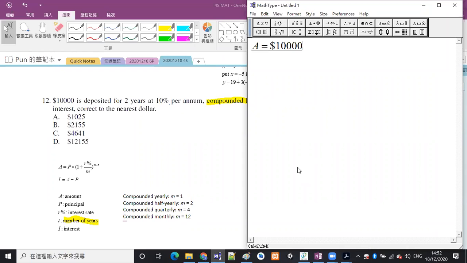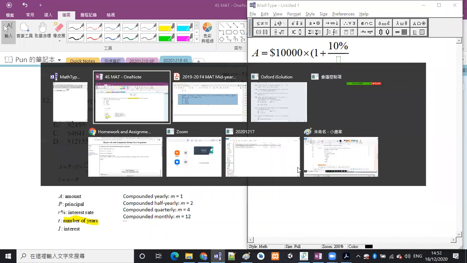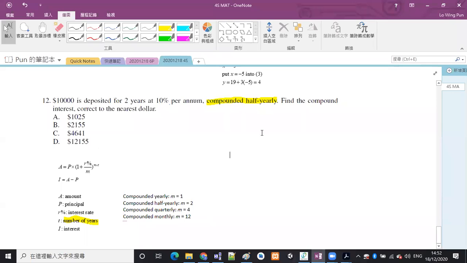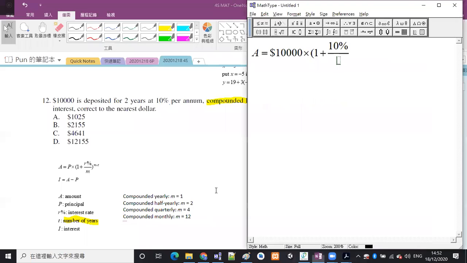$10,000 times bracket 1 plus R percent, that is 10%, divided by M. This time it is compounded half yearly, so the M should be equal to 2.